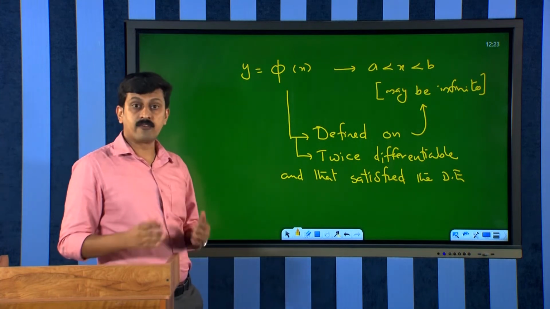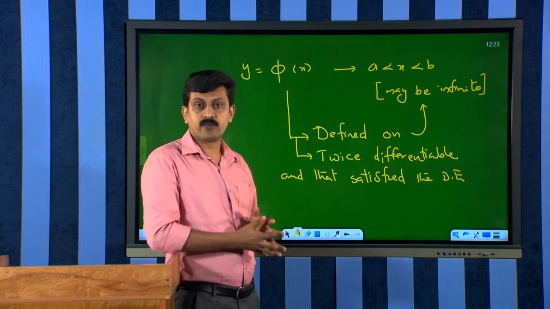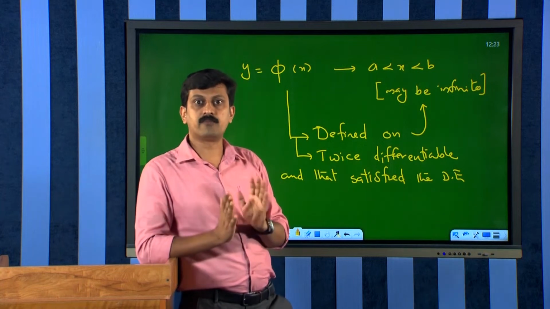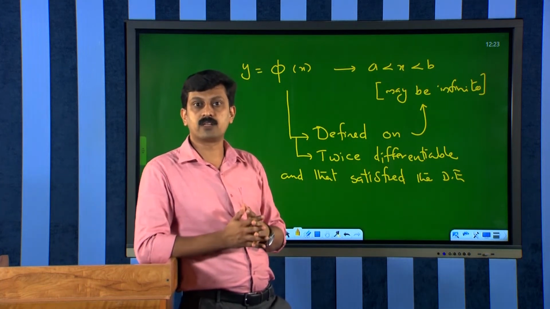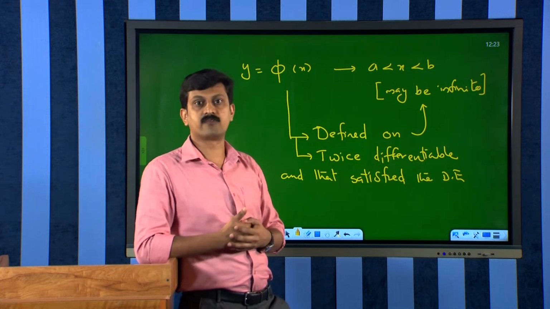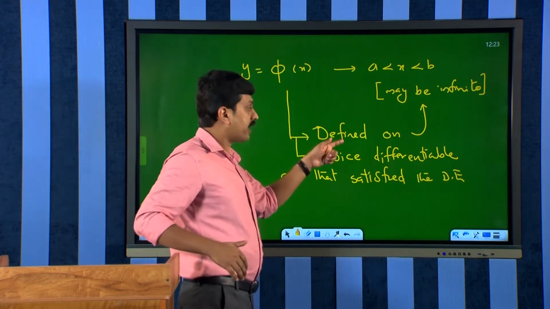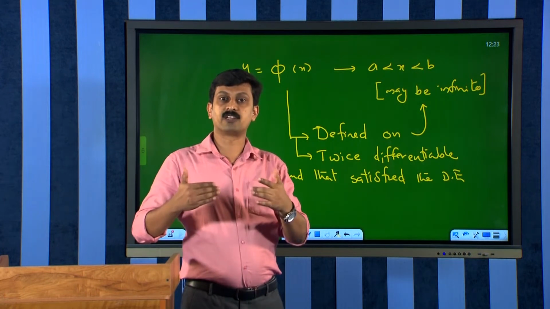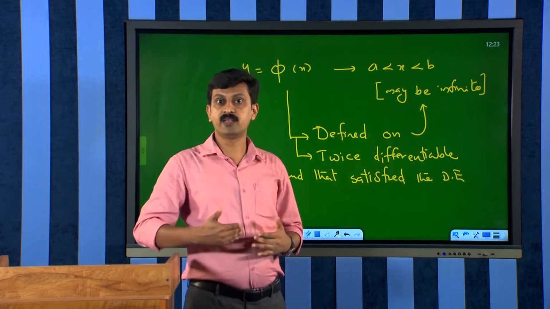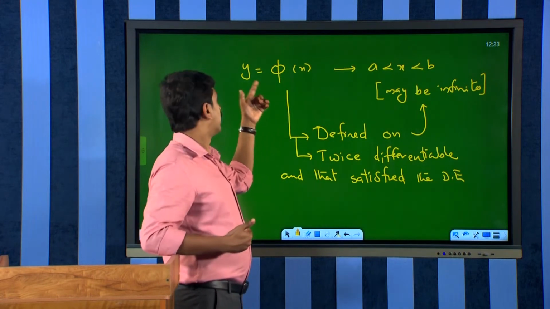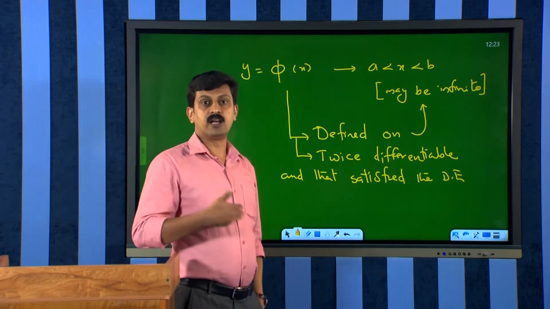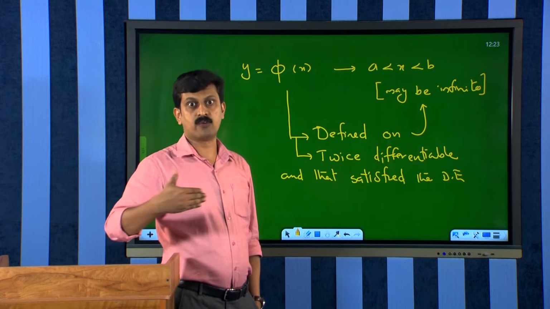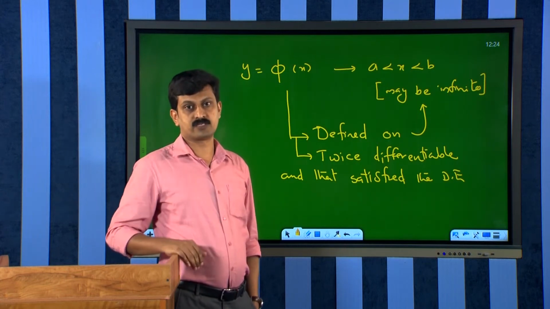So, we can say that a function y is equal to phi of x, defined on a particular domain, which may be of finite or infinite length, and twice differentiable on that domain, is a solution if it keeps the differential equation an identity when we replace y, y dash and y double dash with phi of x, phi dash of x and phi double dash of x.